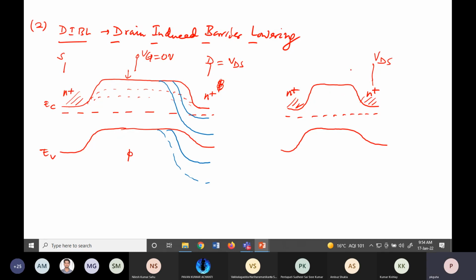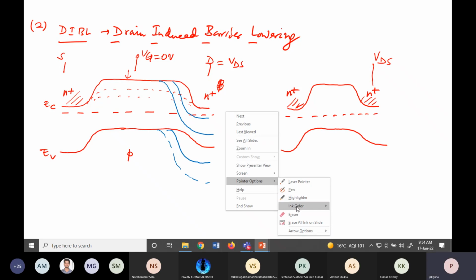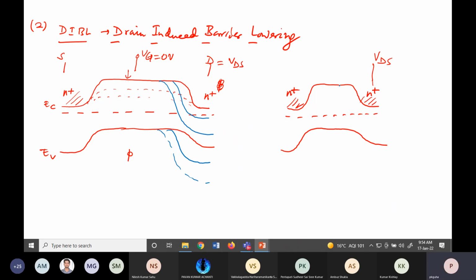So what will happen? Again, the barrier from the drain side will start decreasing.